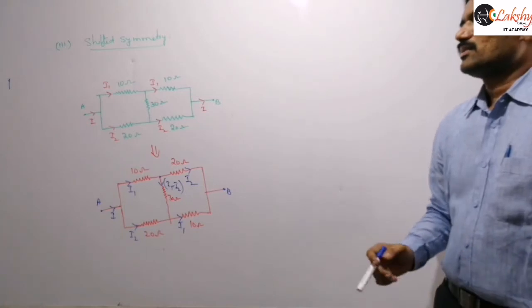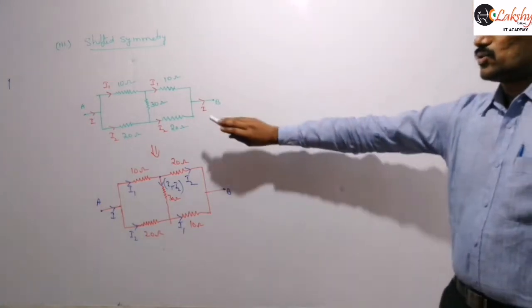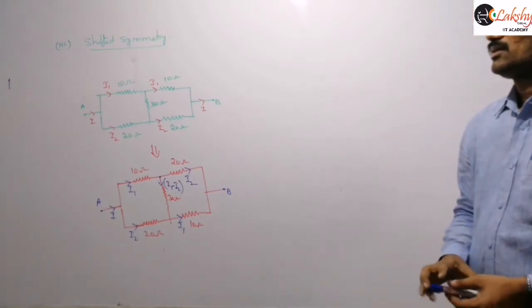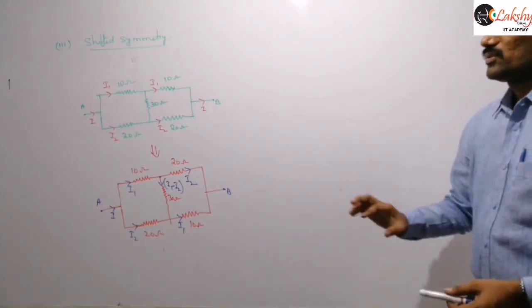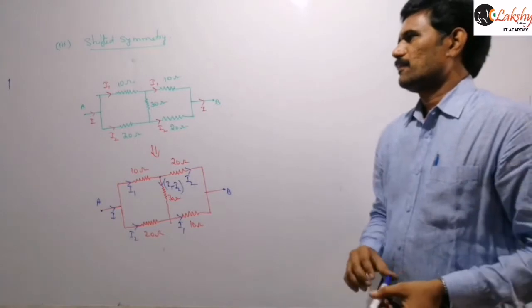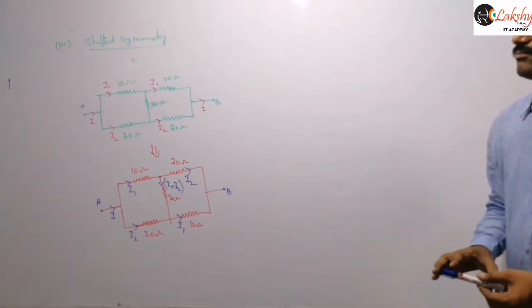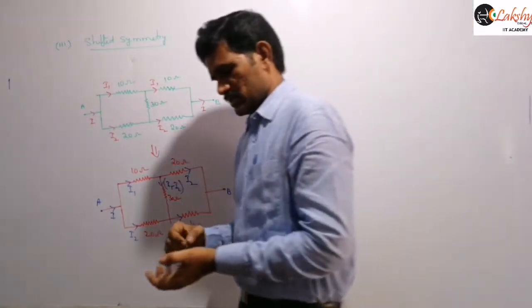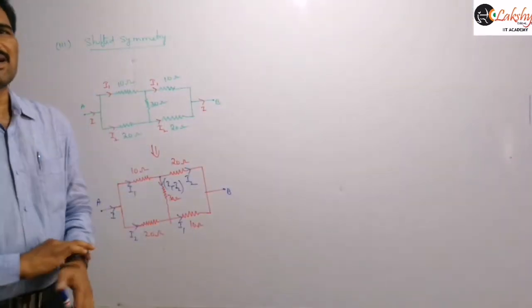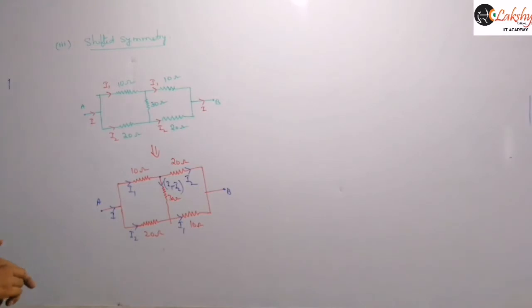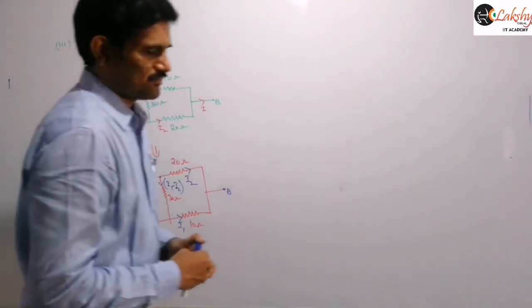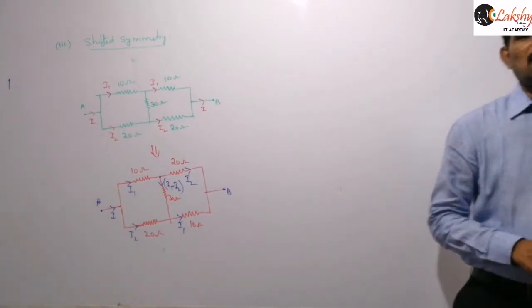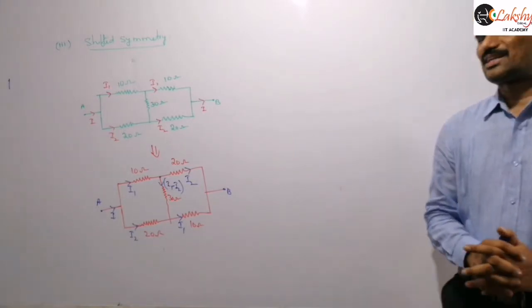So first draw the circuit here. After that, write that the circuit shown in figure is a balanced Wheatstone bridge, and so no current flows through the 30 ohm resistor.